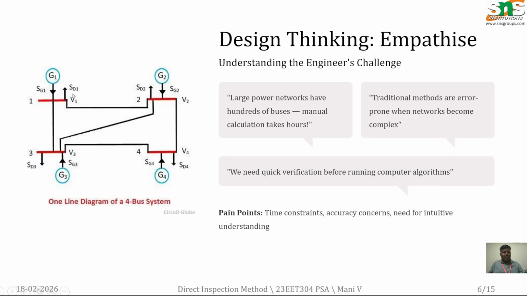And these are the static loads: static load 1, static load 2, static load 3, and static load 4. In some places it may contain only one load, and in a few places it may contain several loads. This is a branch between bus 1 and 3, and bus 2 and 3, like that.